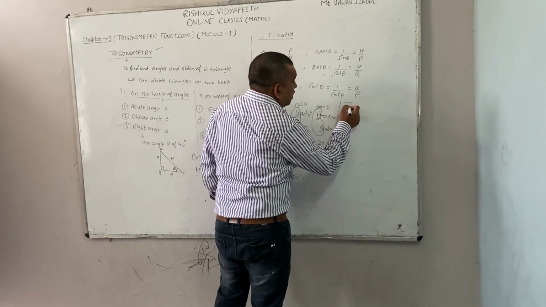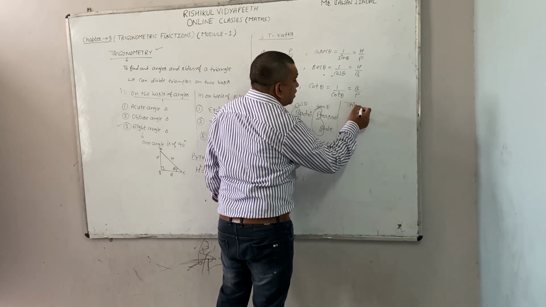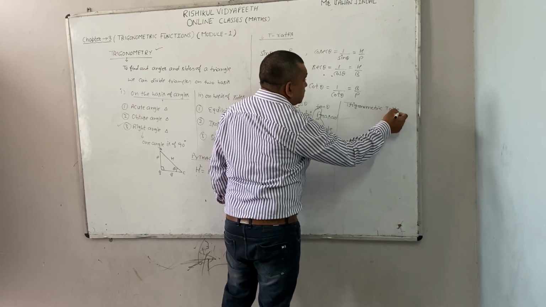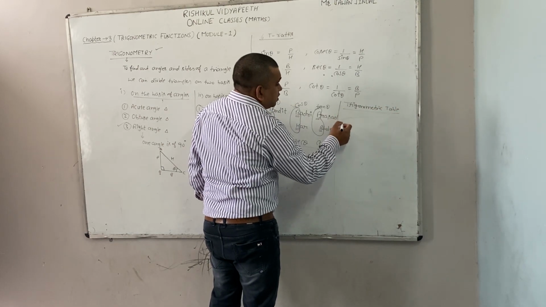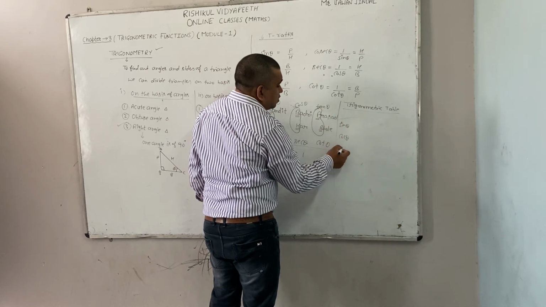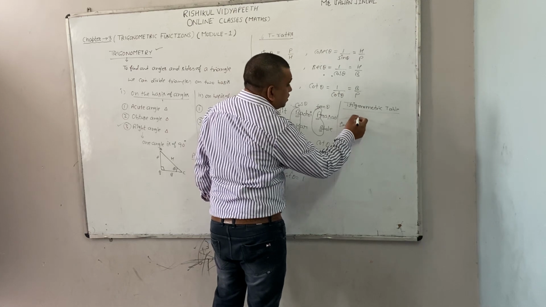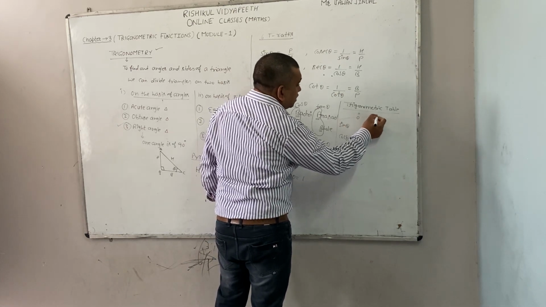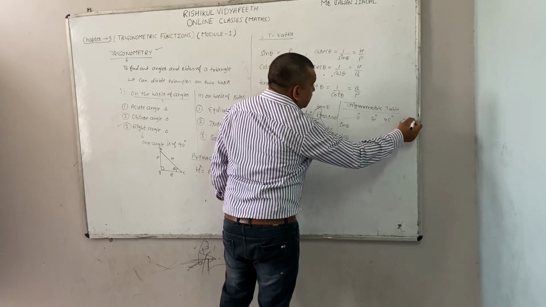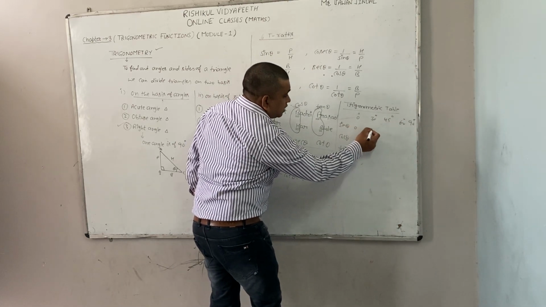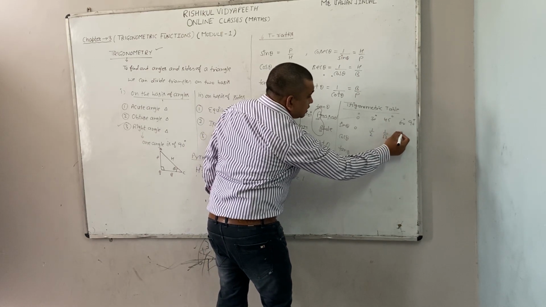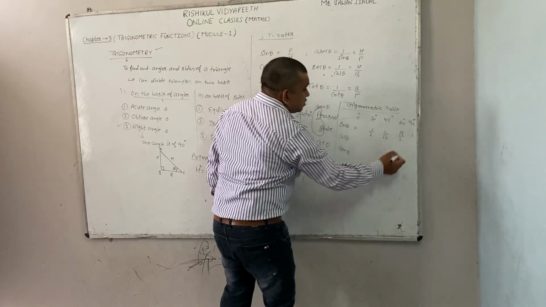That is your trigonometric table. You have learned this table also. Sine, cos, tangent, for 0 degree, 30 degree, 45 degree, 60 degree and 90 degree. Sine 0 is 0, sine 30 is 1 by 2, sine 45 is 1 by root 2, sine 60 is root 3 by 2, and sine 90 is 1.